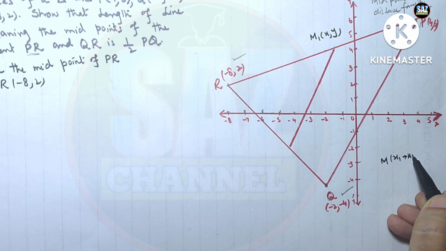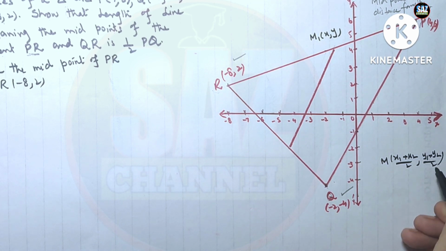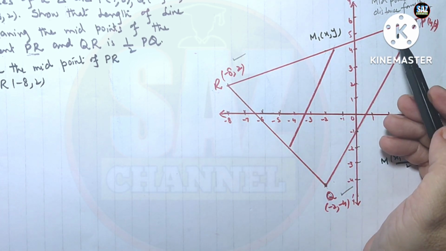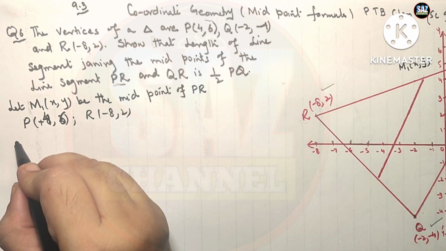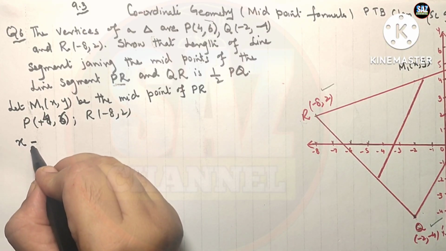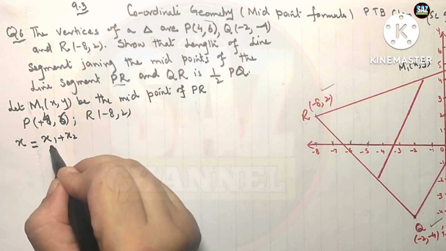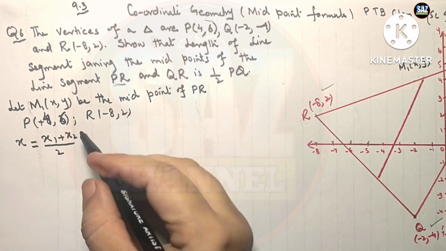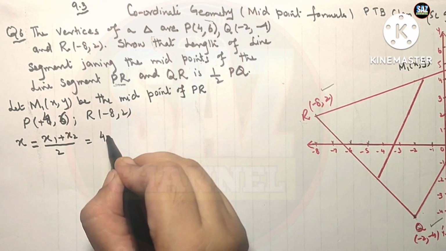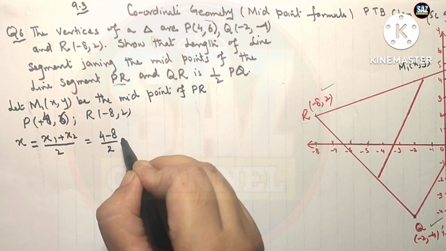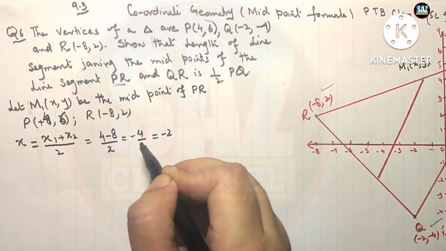We know that the formula for the midpoint is (x1 plus x2 over 2, y1 plus y2 over 2). P is (4, 6) and R is (-8, 2), and the x value of M1 will be the average of the x coordinates of P and R. So this will be equal to 4 minus 8 by 2, which is minus 4 by 2, which is minus 2.